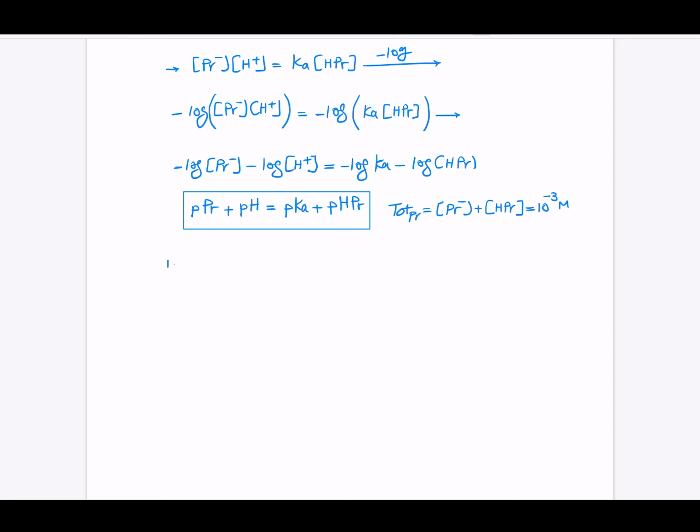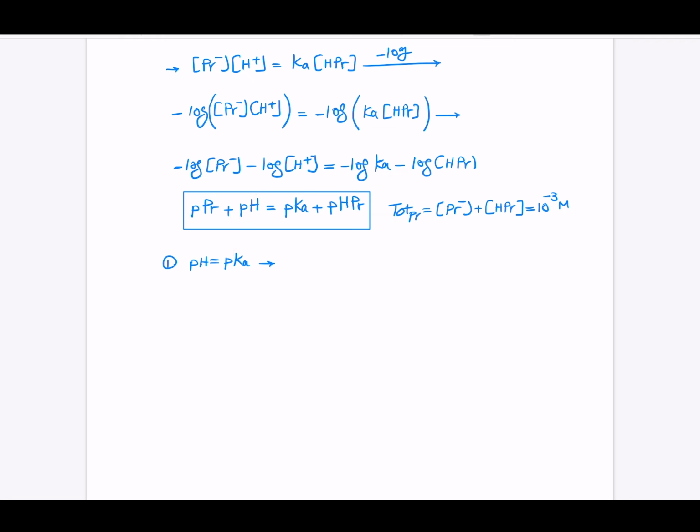So first, let's see if pH is equal to pKa. So we're basically picking one point on the x-axis, and that point is equal to pKa, what we just marked. In that case, we showed before that at pH equal to pKa, the concentrations of the species are basically equal. So if you put it inside this equation, these two will go out.